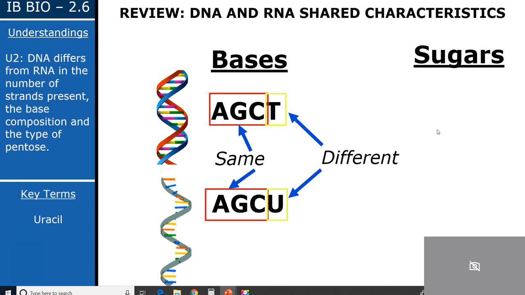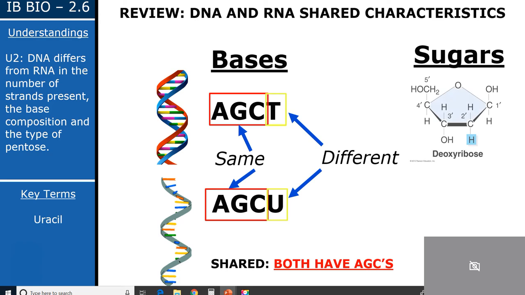The other big difference between DNA and RNA has to do with the sugars, and it's sort of in the name. DNA takes its name from the sugar deoxyribose, so it matches D, DNA. It's actually deoxyribonucleic acid. Whereas RNA has a ribose sugar, which matches the start of the RNA name.